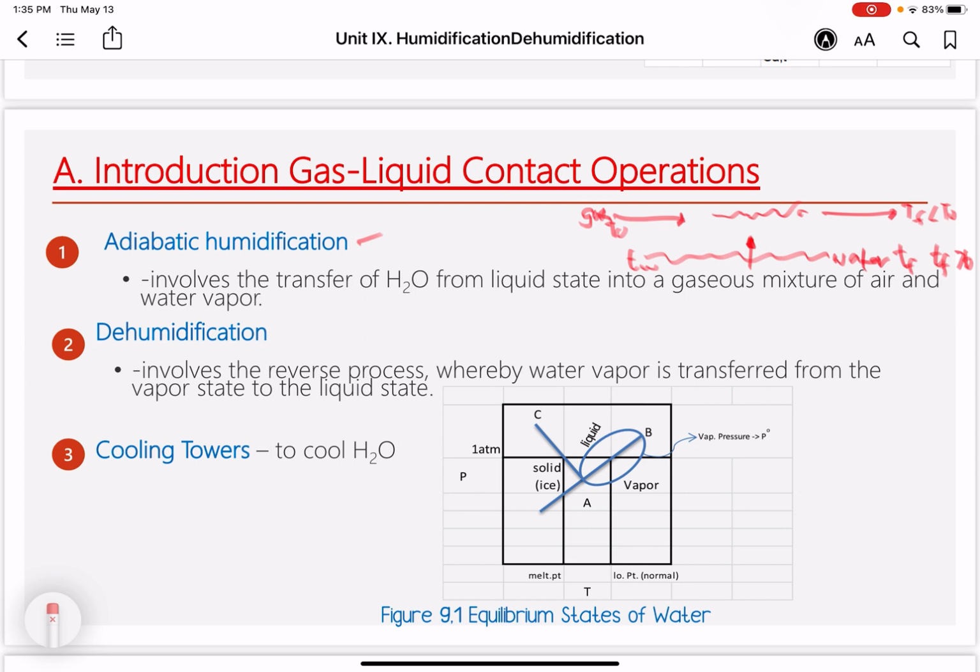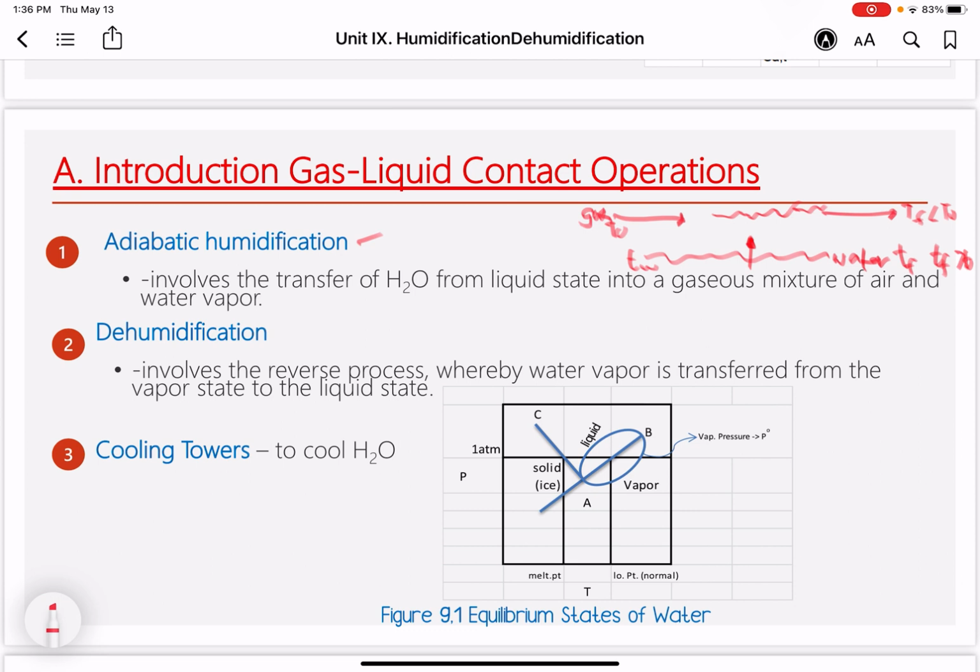As I've said, the particles of water present within the stream tend to get evaporated, giving up the heat to the stream. The evaporated water is absorbed by the air, therefore the moisture increases. You humidify the air, so its moisture content and humidity increase.